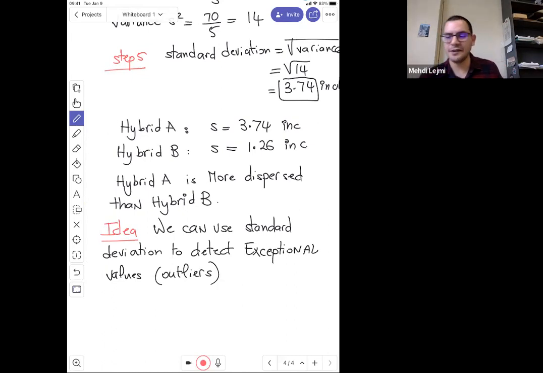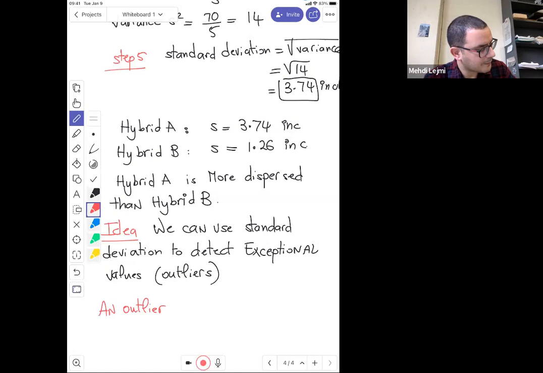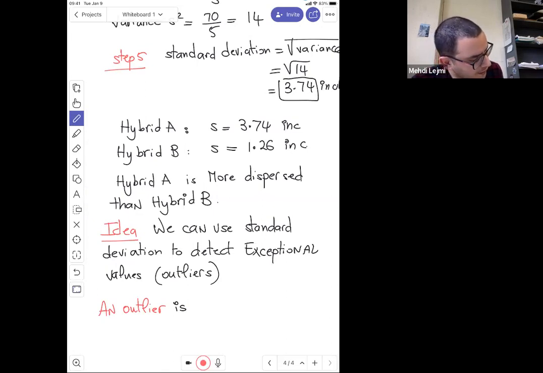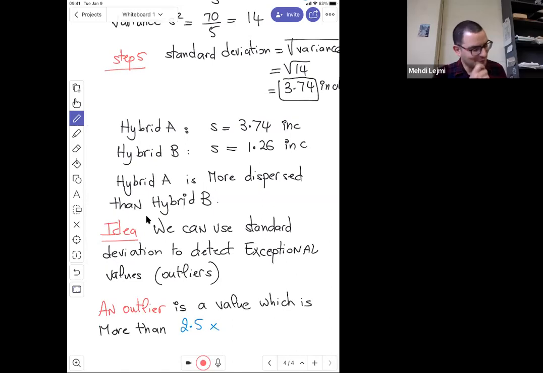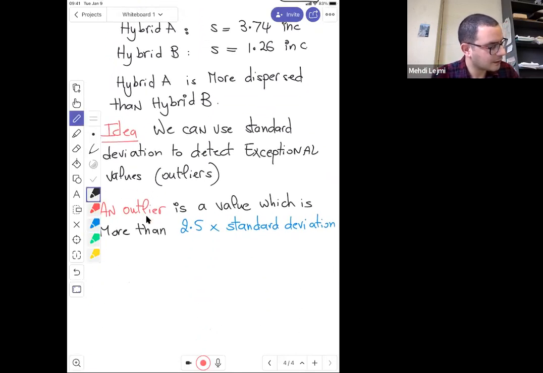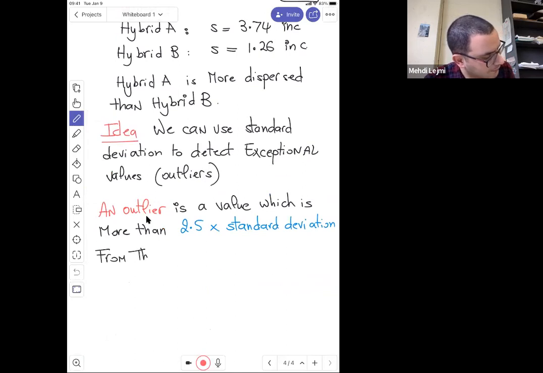An exceptional value or an outlier is a value which is more than 2.5 times the standard deviation from the mean.